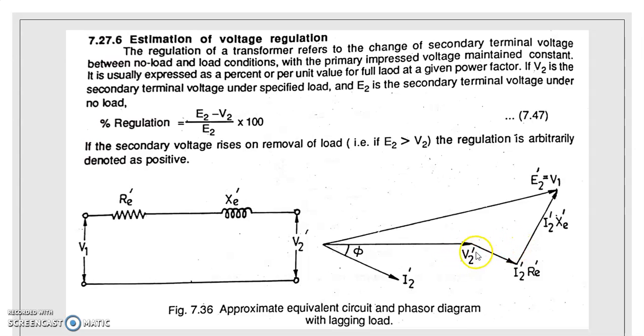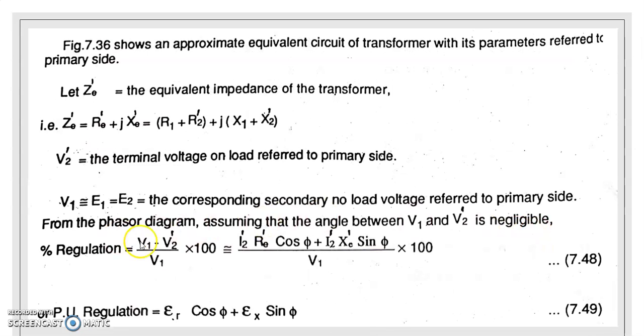So V1 is V2 dash plus I2 dash Re dash cos phi plus I2 dash Xe dash sin phi, and here again appears minus V2 dash, so V2 dash and minus V2 dash cancel. Then the result will be I2 dash Re dash cos phi plus I2 dash Xe dash sin phi upon V1 into 100.